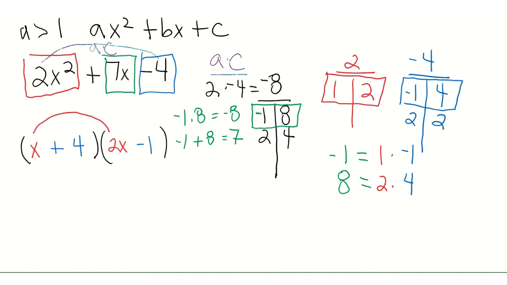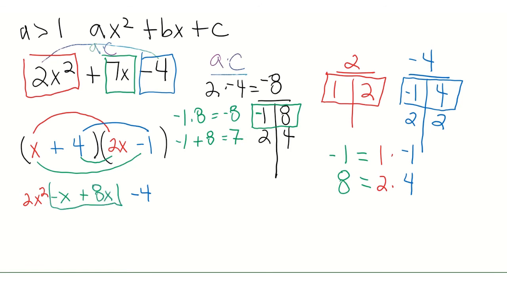So now let's double check that we put those correct. x times 2x is going to give me a 2x squared. Then I'm going to do the last. 4 times a -1 is going to give me a -4. Then I'm going to do my outer and inner. x times a -1 is going to give me a -x. Plus 4 times 2x is going to give me an 8x.